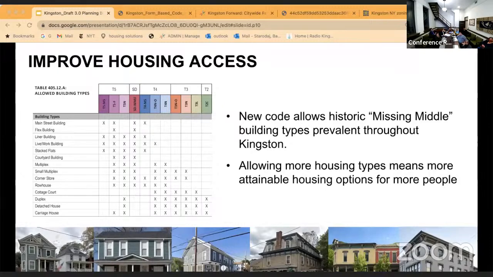So as you go down from the purple to the green, you'll see that the allowed building typologies change significantly, right? The more intense buildings being at the top, being more allowed in the T4, T5, and T4 areas, which are the denser areas of the city.